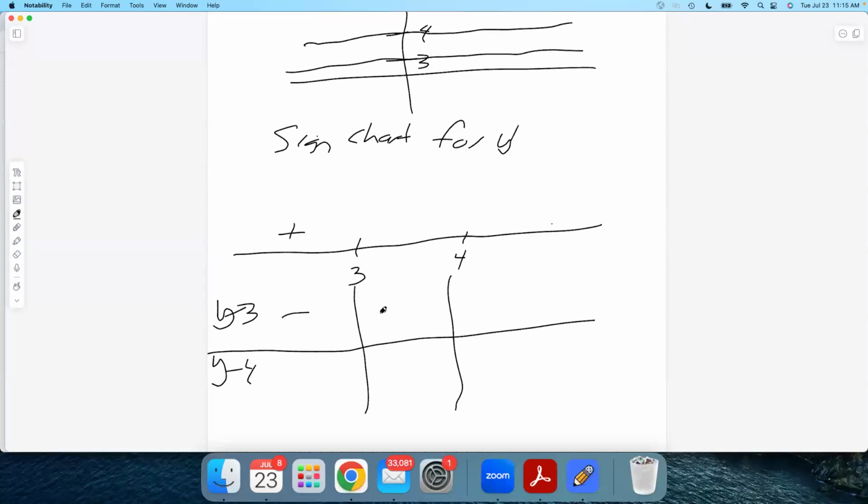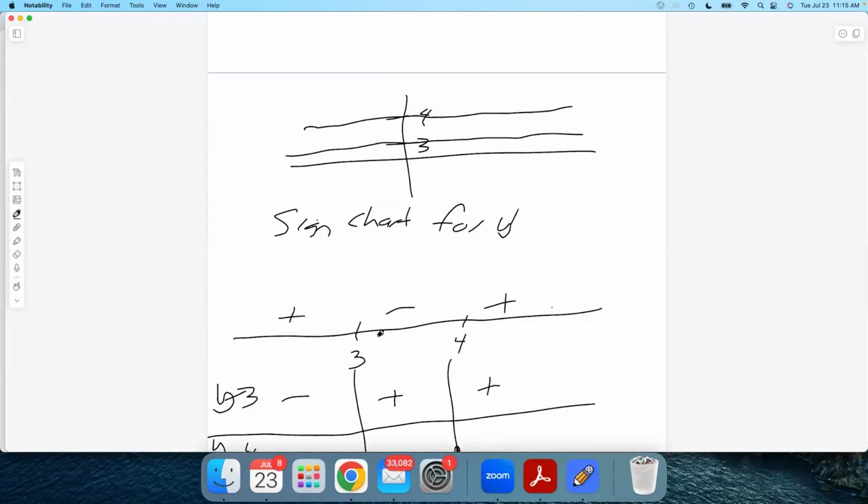Anything above 3, you get a positive. Try it. Plug in any number bigger than 3 here for y, you'll get a positive. He's going to switch here at 4. And he's negative below and positive above. Try it. Plug in any number less than 4. Minus 4, you get a negative number. Above 4, you get a positive. Now just multiply up. 2 negatives make a positive. 1 negative is negative. 2 positives is positive.